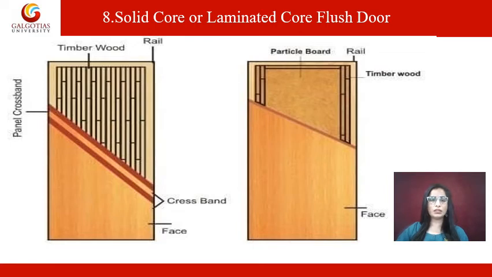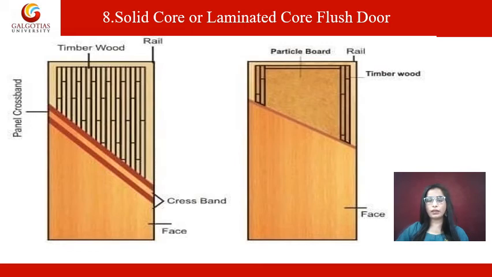Here you can see in this first image, these are the solid wooden battens inside of the door, and this is the covering material which is known as the face, and this is the panel cross, this is known as the rail.